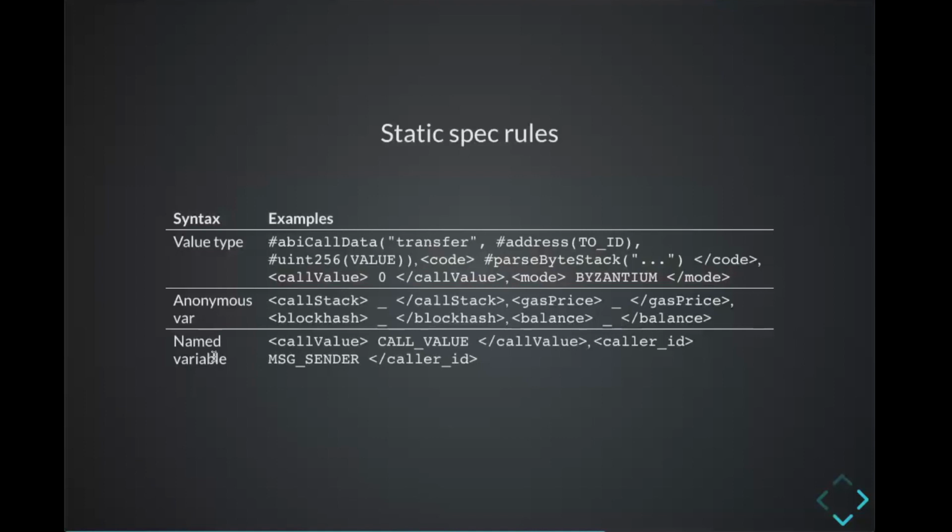Finally, we can also name the variables. So we keep them as symbolic, but we give them names. So an example of that would be naming the call value. So this would be in a failure case, in the negative case for a payable function. The reason we name variables is oftentimes precisely to put constraints on them.